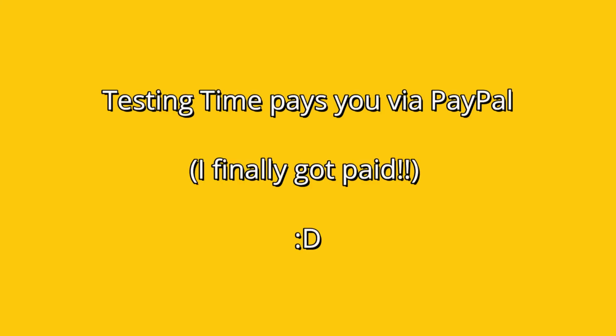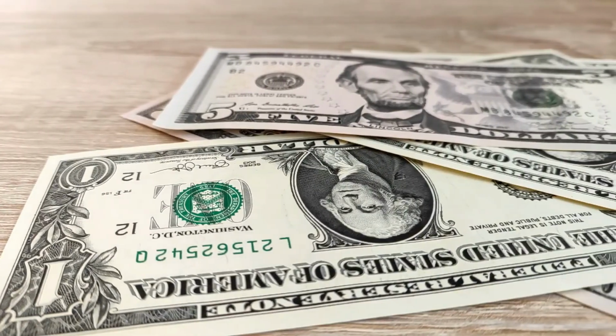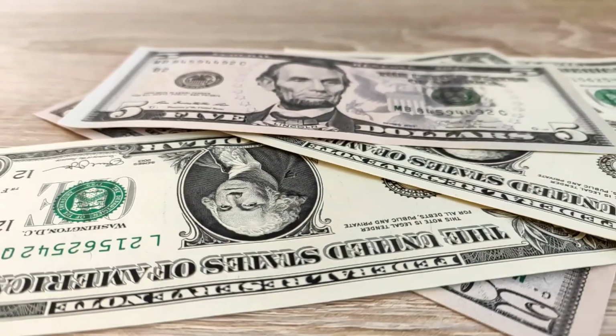And that's going to be going to my PayPal account because I just completed that test a few days ago. I haven't seen that money in my PayPal account yet, but I'm crossing my fingers and hoping that I'll be receiving it soon. So while I'm not a millionaire in any way, shape, or form, and obviously this amount doesn't make me rich, that is extra money in my pocket. And to me, that is always a really good thing.